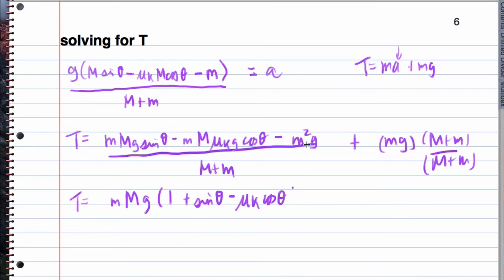This m squared g cancels with this m squared g here, all over big M plus little m. That's what I'm getting for the tension force.